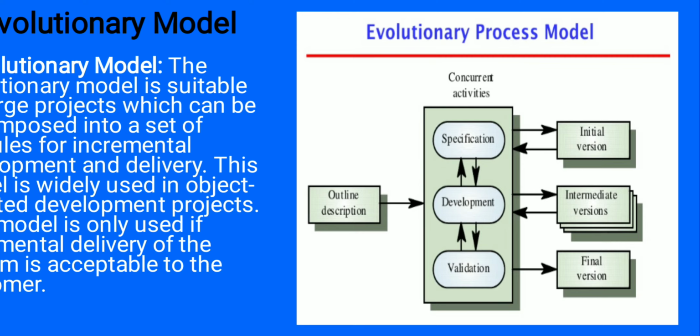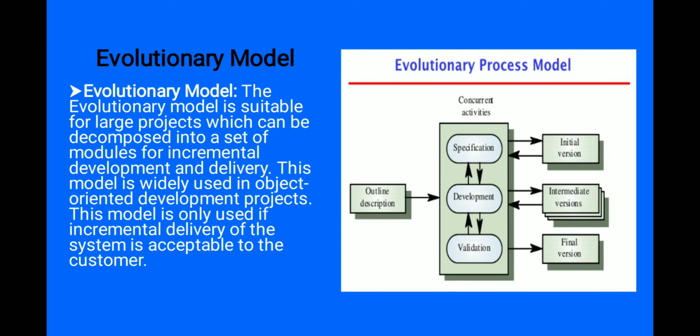So the outline description means when the project is developing, they can give suggestions or feedback to the specification team, the development team or the validation.